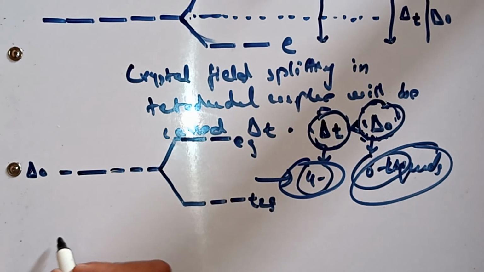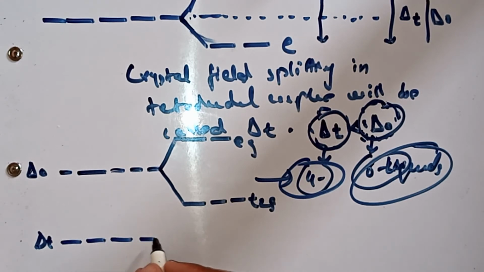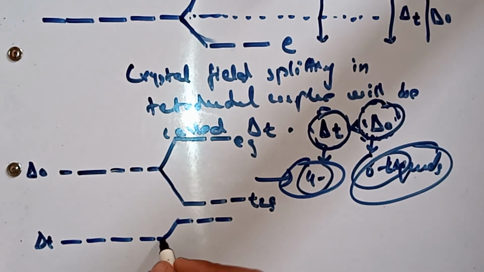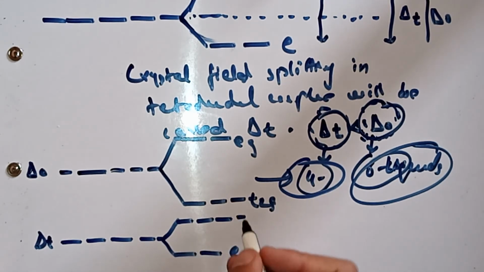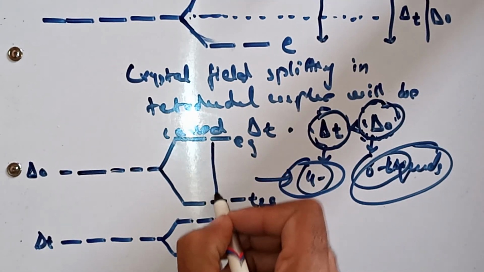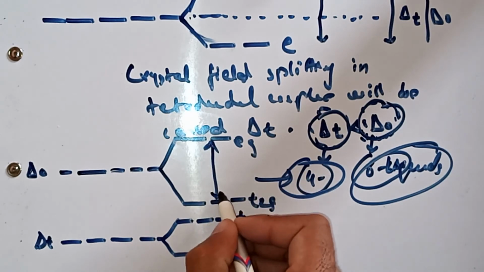While in case of tetrahedral the splitting will be like that: that will be the E set, that will be the T2 set. So here the splitting is very small, but in octahedral the splitting is larger.